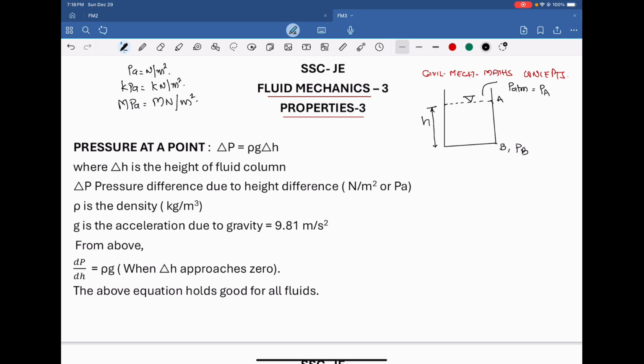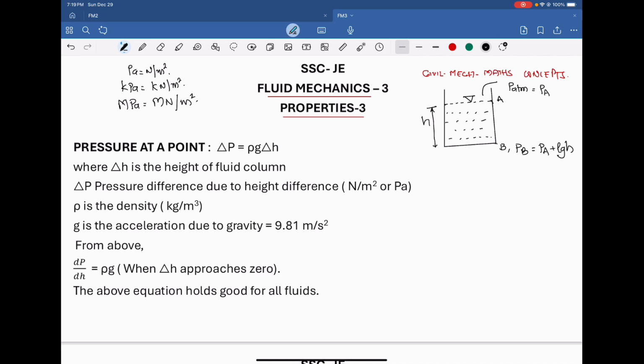This pressure is equal to PA plus rho gh, where h is the water column or fluid column in the tank, and g is the gravitational acceleration.